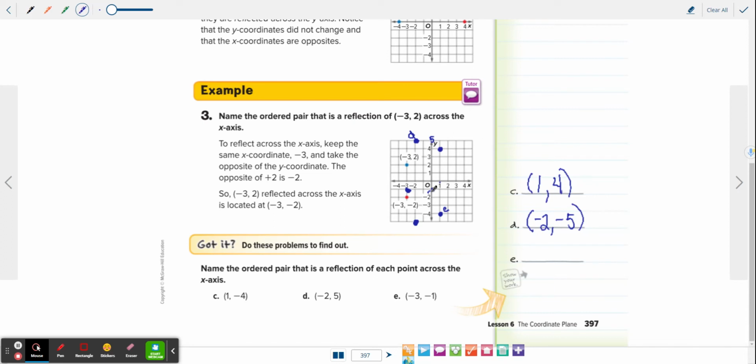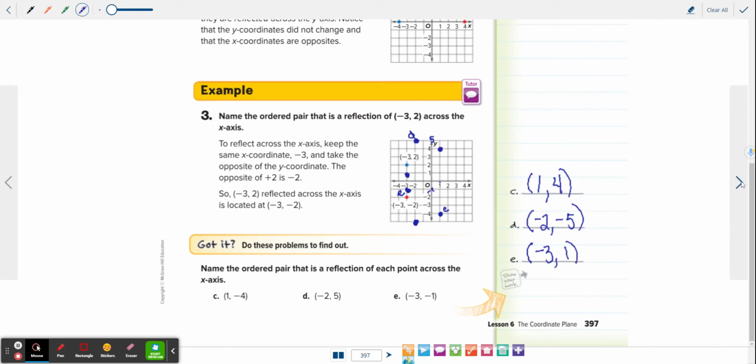You see the -2, so you have to know that that's -1, okay? So that goes right here, -3, -1. We want to go across the x-axis, so we're going to go to -3, 1, right there. I forgot to label that. That's E. So the reflection is -3, 1. Okay?